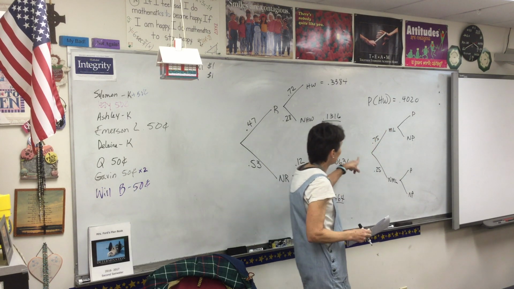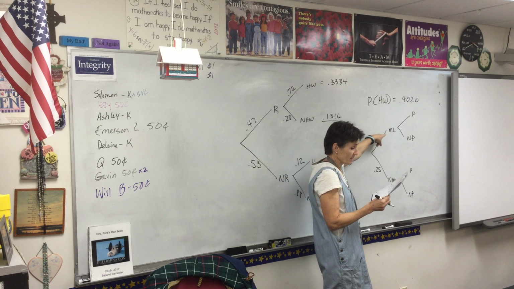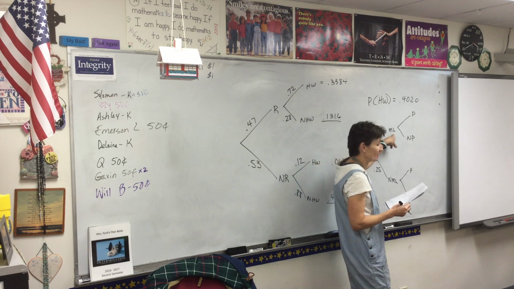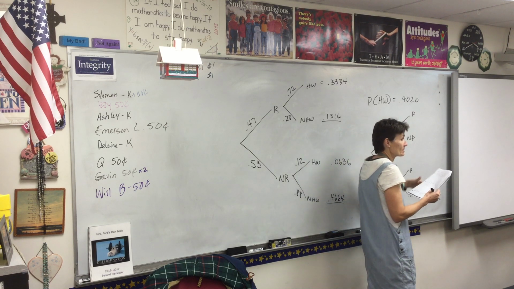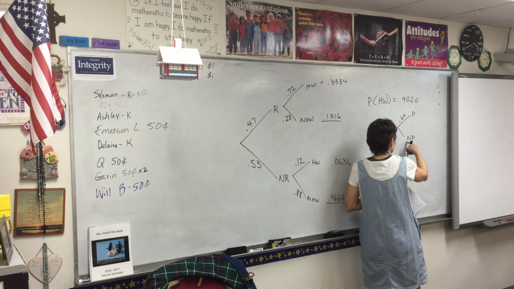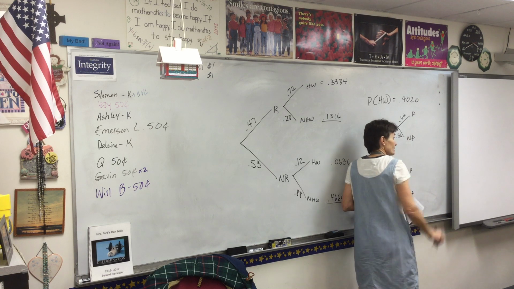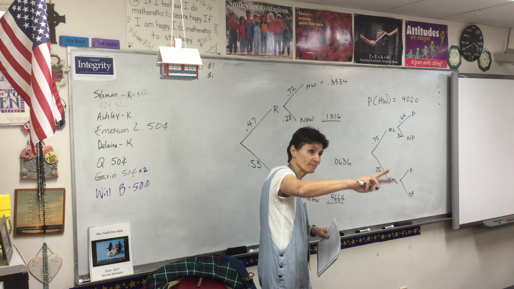So if we have meatloaf, what is the probability we'll have potatoes? If we have meatloaf, the probability of potatoes is 64, which means the probability of no potatoes is 36. They've got to add up to 100 or 1.